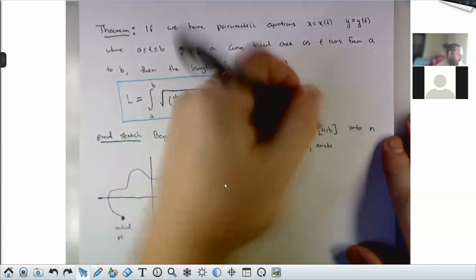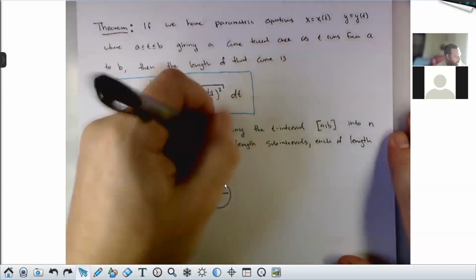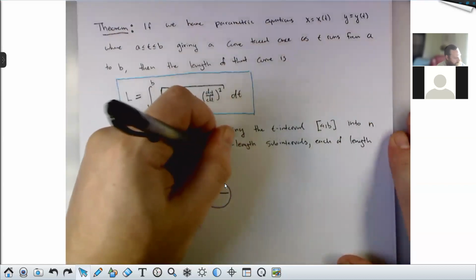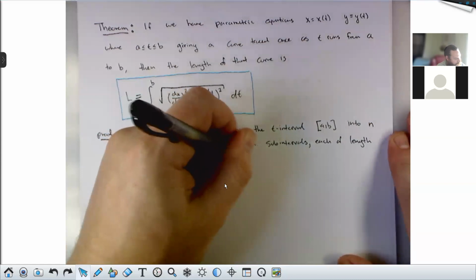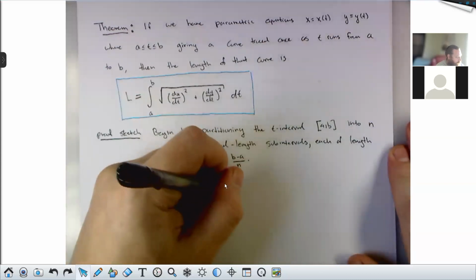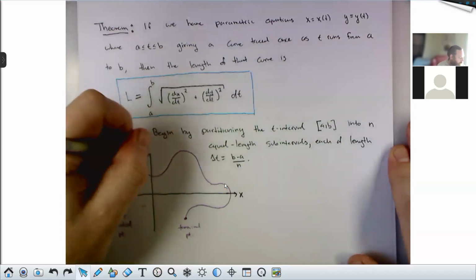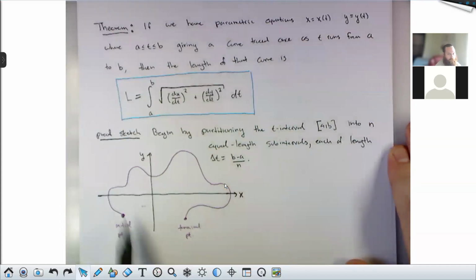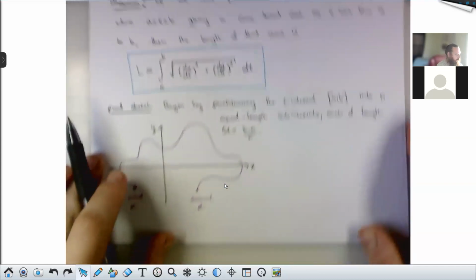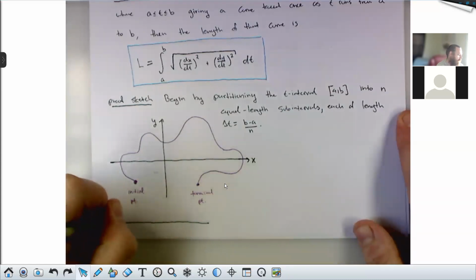Each of length, call it delta t, which would be b minus a over n. So remember, the horizontal axis here is the x-axis. The vertical axis here is the y-axis. There is no t in this picture. We can think of the t-axis as being like a slider that's down here outside of that picture.